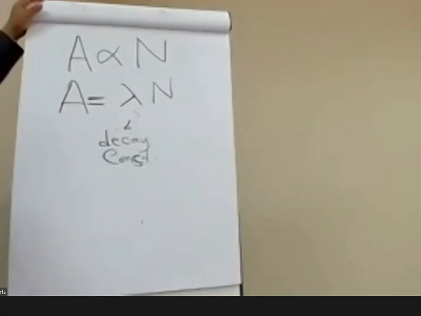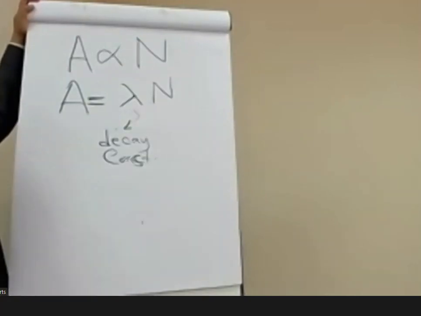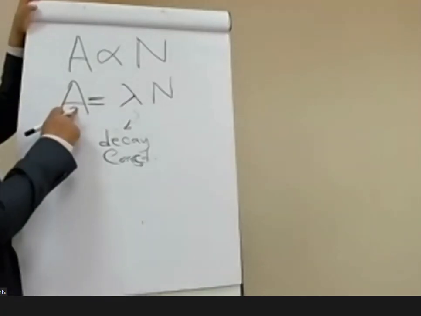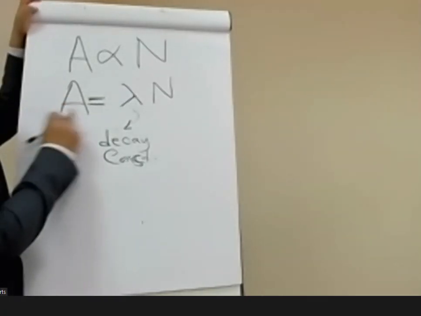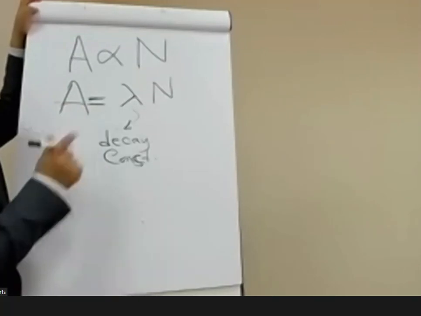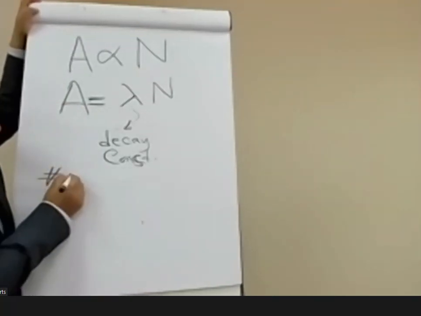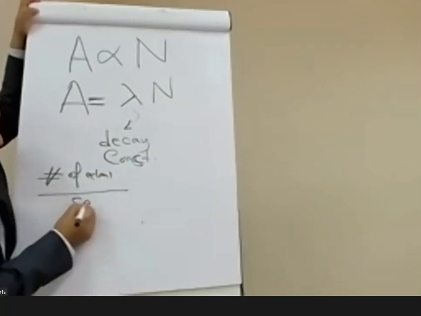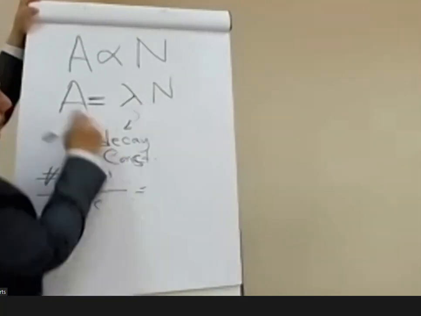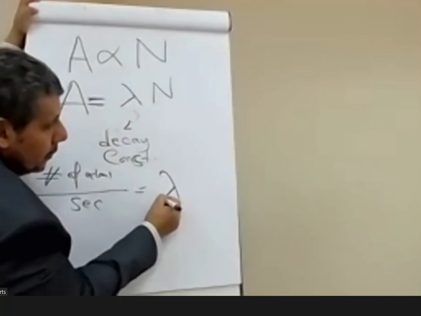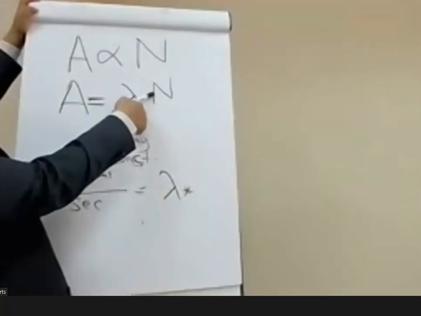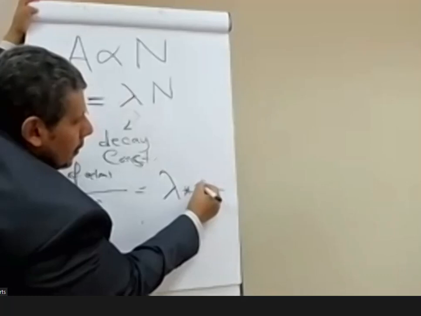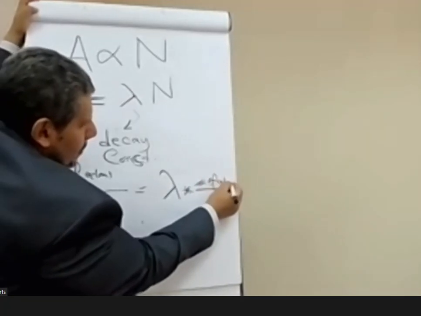This decay constant, what is the unit of it? What is the unit of the decay constant? This is the number of atoms decaying per second. From the definition, the number of atoms decaying per second equals the decay constant multiplied by what? By the number of atoms.